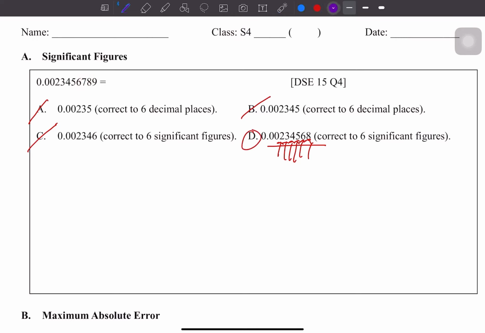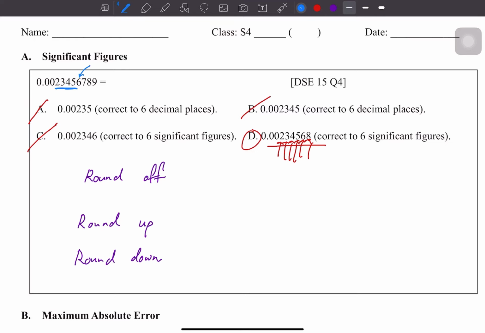One more reminder, you need to distinguish the meaning of round off. We have round up and round down. Let's consider this example. If we want to round off to 4 significant figures, then we need to consider this number.